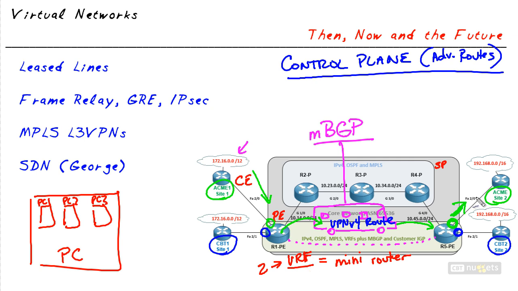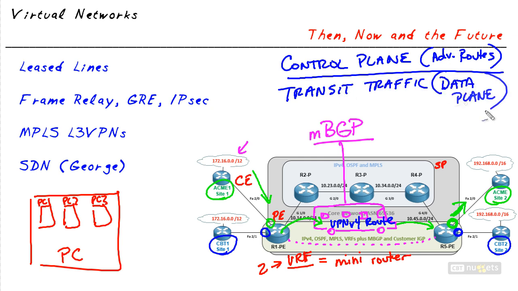Now, once this is set up and the control plane has been built for connectivity, for example, from Site 2 to 172.16, and vice versa, by the way, the 192.168 from Site 2 would be advertised down to R5, and the advertisement in the VPN v4 route would be advertised in the other direction as well. And once the control plane is built, then we have the possibility of transit traffic, which is also referred to as the data plane, being successful.